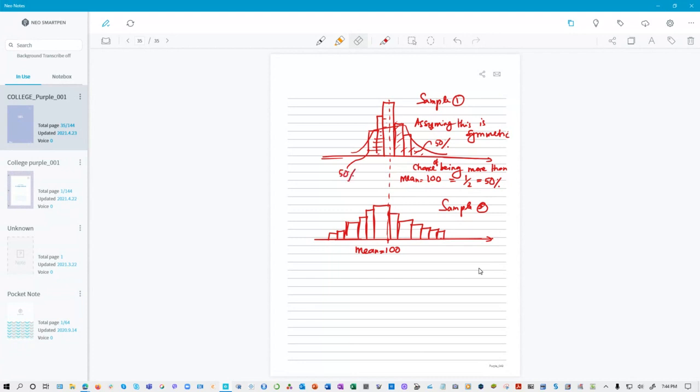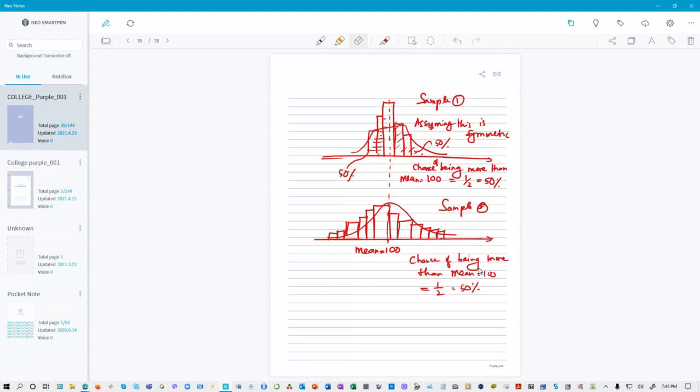The same goes for this one. I'm going to assume this one is symmetric as well. Again, what is the chance of being more than the mean, which is 100, in this sample? It is half, or 50%.